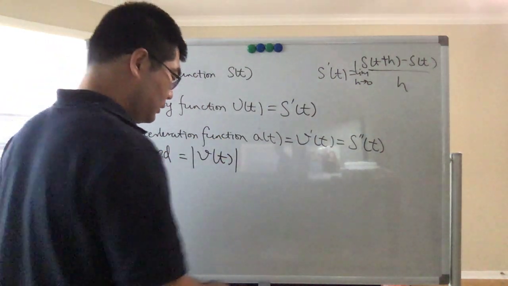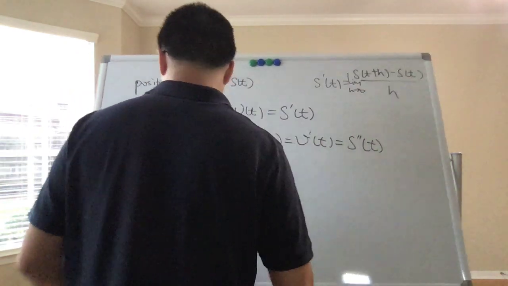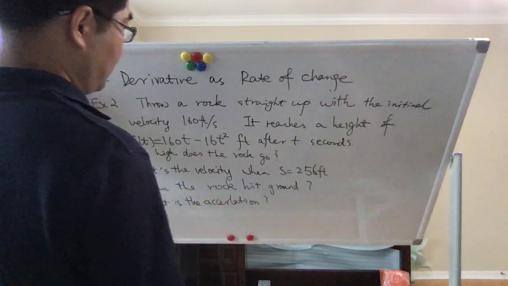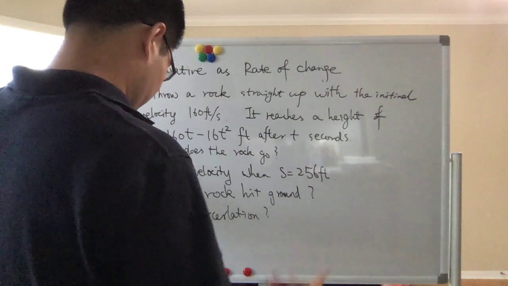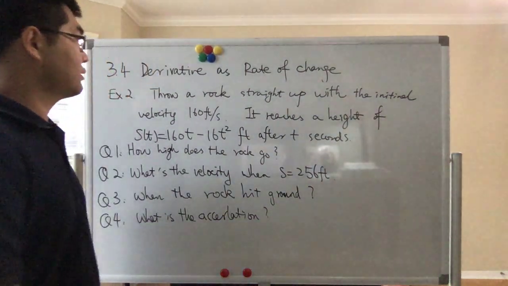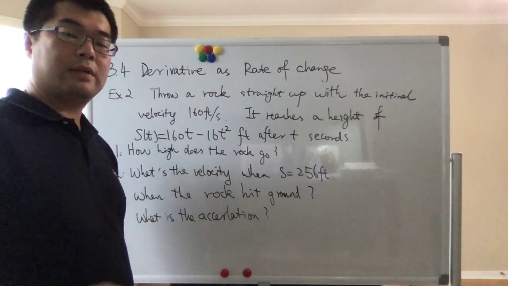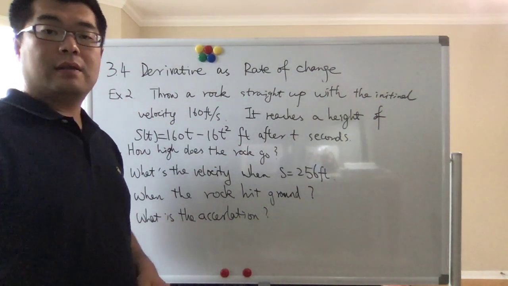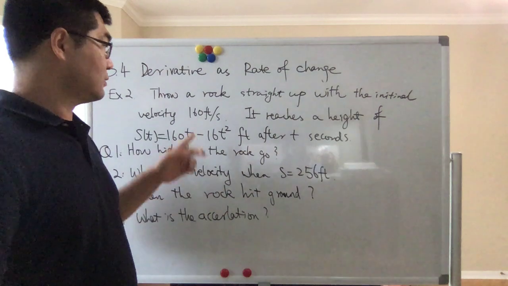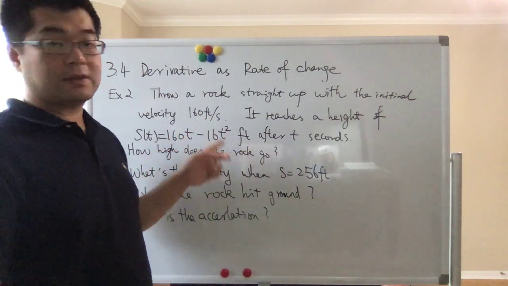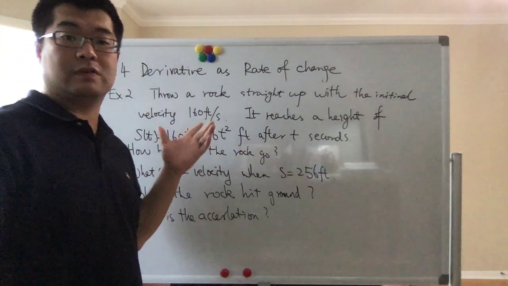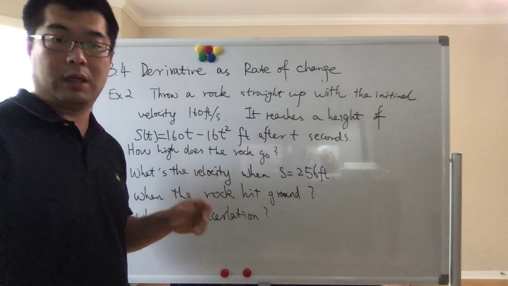So now let's look at one problem here, and in this problem we're going to understand how to do this. Suppose I threw a rock straight up with an initial velocity of 160 feet per second. This velocity is very big.